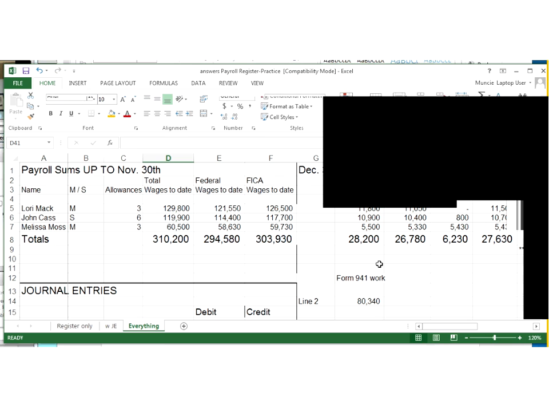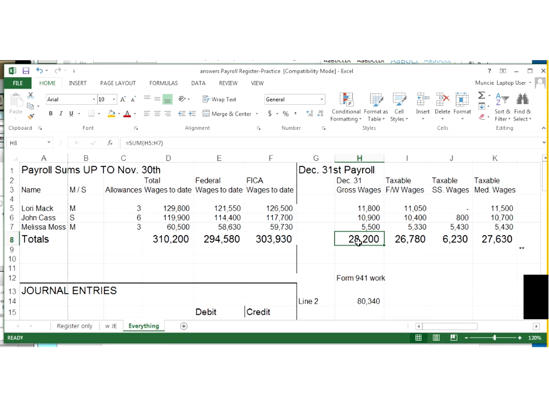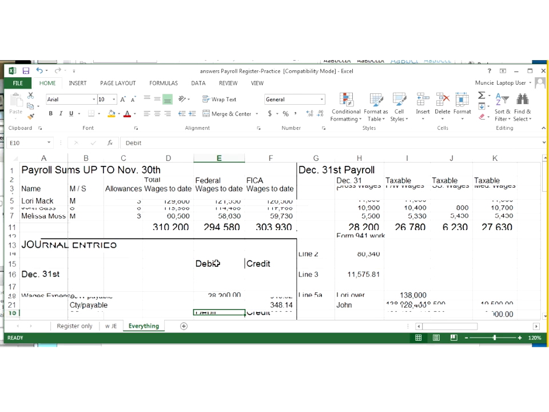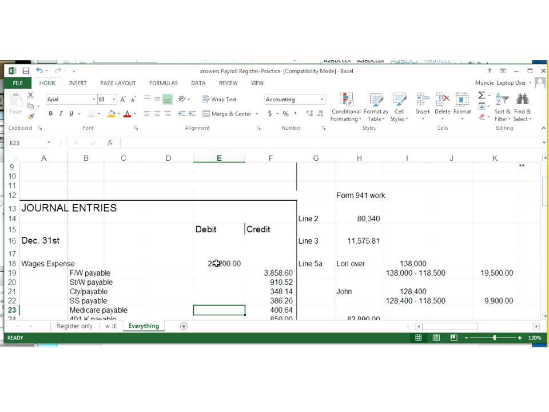That $28,200 came from our gross wages. That's how much our employees earned total, $28,200. Now I need to account for all of that money and where it went. Most of it's going to go to the employees as a paycheck, which is a good thing.